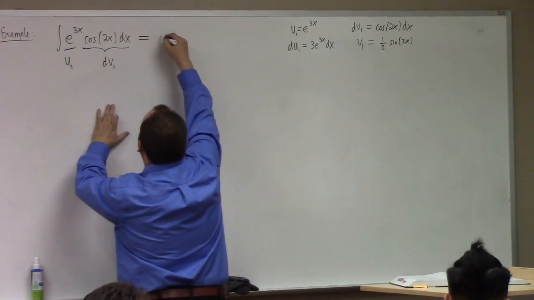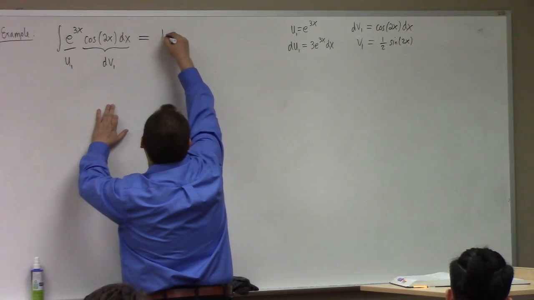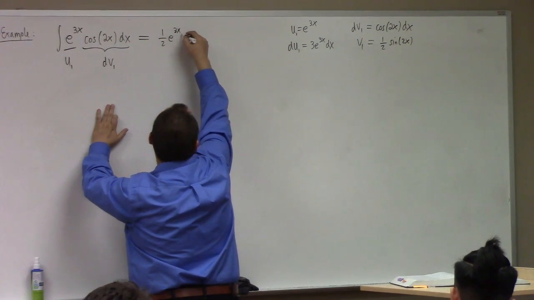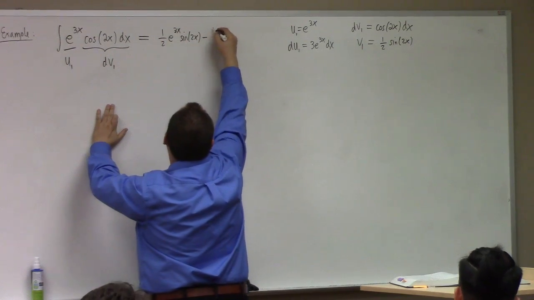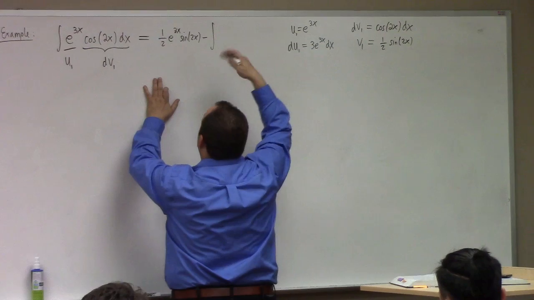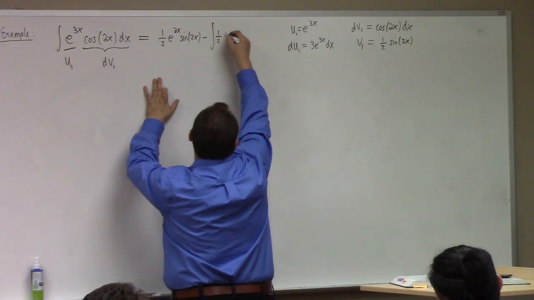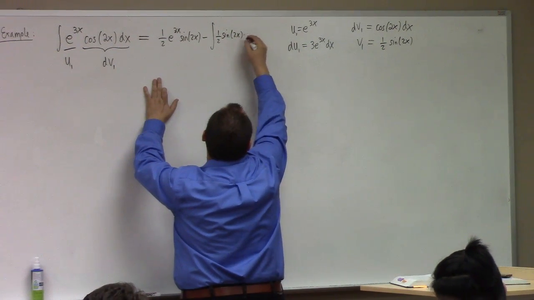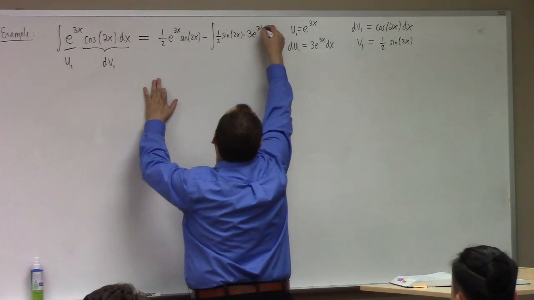So I've got u1 v1, which is 1/2 e to the 3x sine of 2x, minus the integral of v1 du1, so that's 1/2 sine 2x times 3 e to the 3x dx.